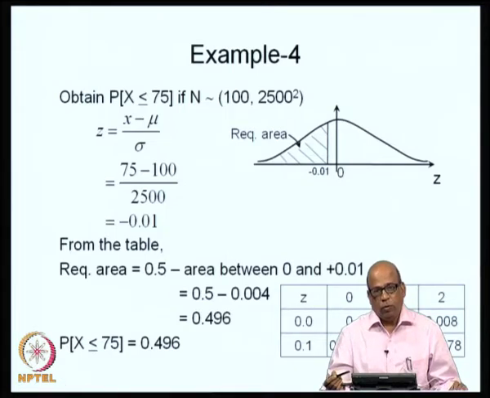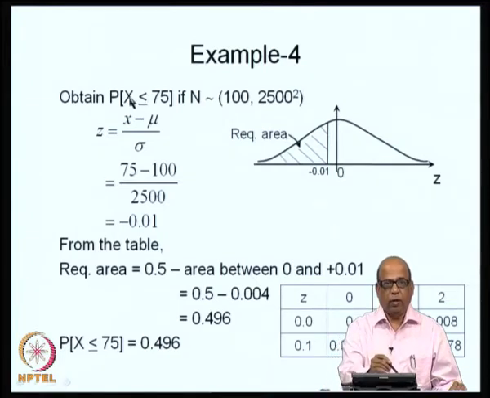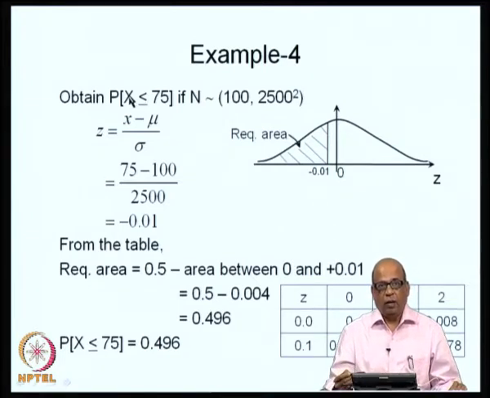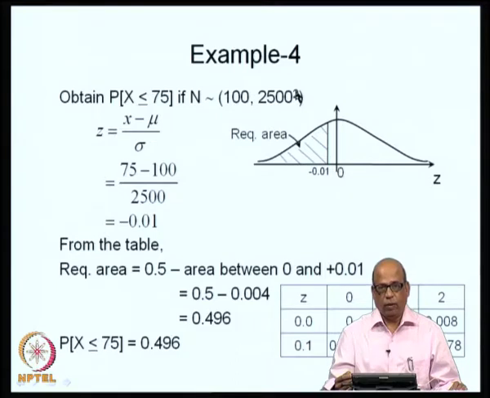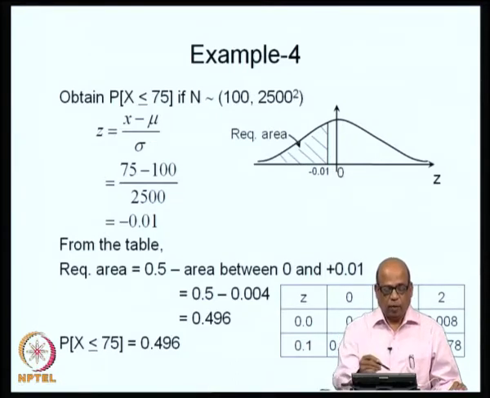We will now do an example where we are looking at a given sample value. Let us say you have stream flows at a particular location, denoted as the random variable x, that has an estimated mean of 100 and a variance of 2500 square. We are interested in getting the probability of x being less than or equal to 75.